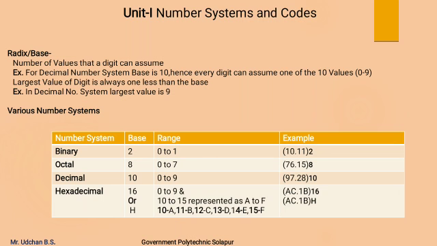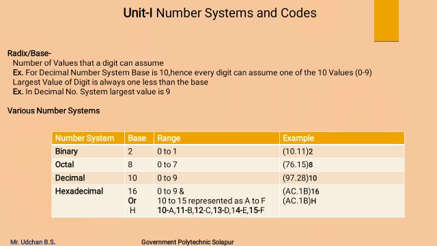The number system's range starts from 0 and ends with 1 less than the base. That is, in case of decimal number system, the number starts from 0 and ends with 9, that is 1 less than the base, that is 10.